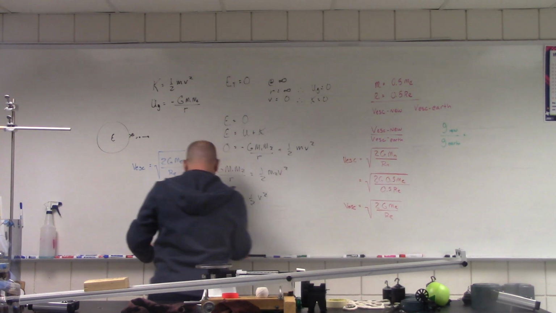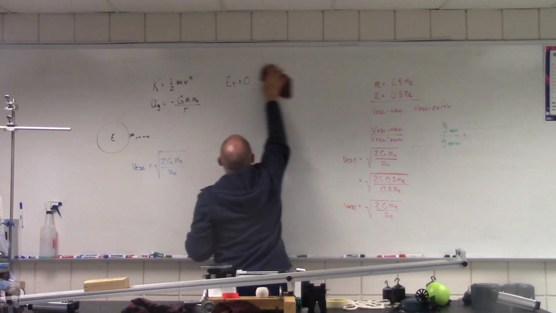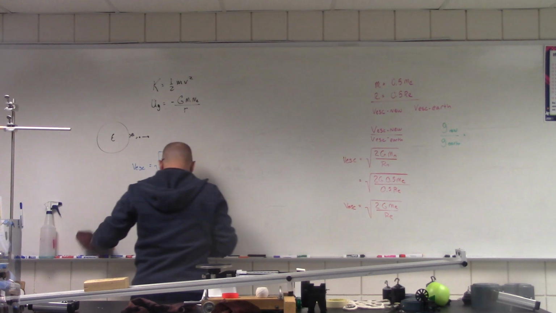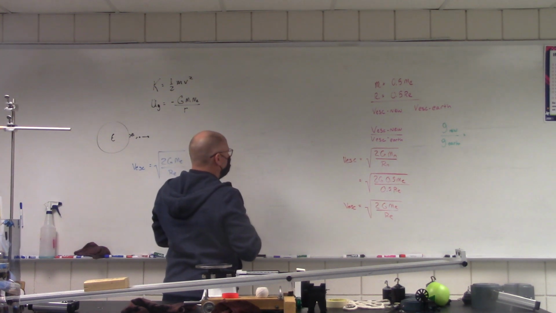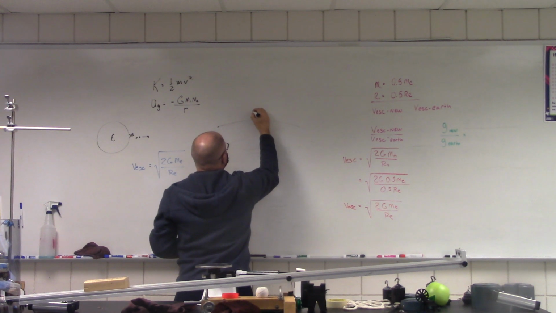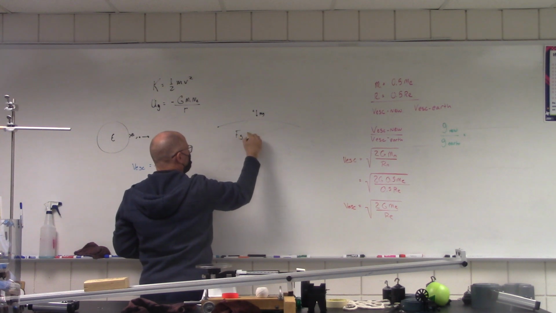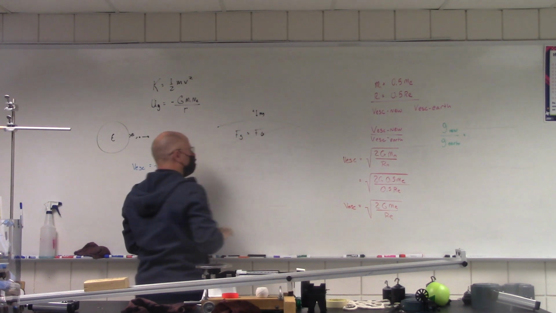So in order to do that, we have to have a construct for the free fall acceleration. Well, we know that for an object near the surface, the gravitational force is equal to the gravitational force.